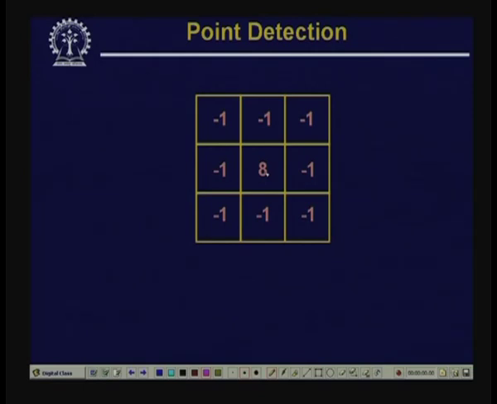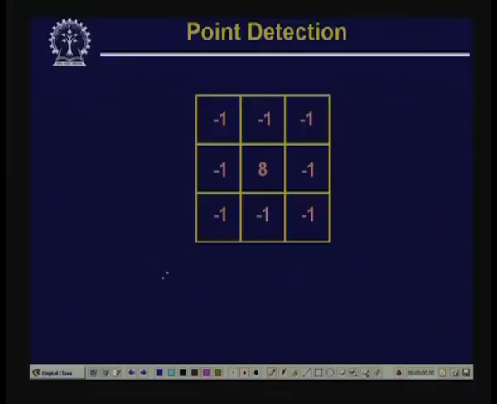Now, we say that a point is located at location (x,y) in the original image, where the mask is centered, if the absolute value of the corresponding R is greater than a certain threshold T, where this T is a non-negative threshold.